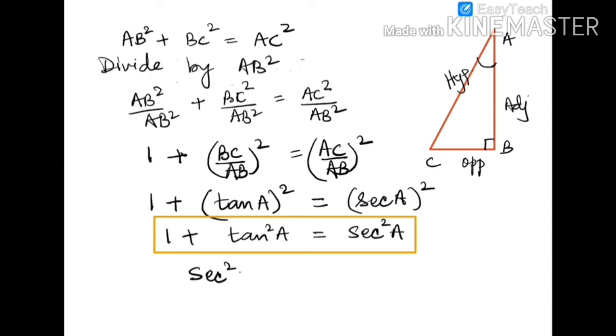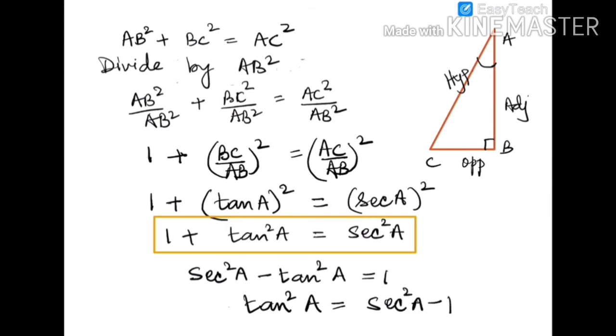That is, sec square A minus tan square A will be equal to 1, by taking tan square A to the right side. Then the same identity can be written as tan square A equal to sec square A minus 1.